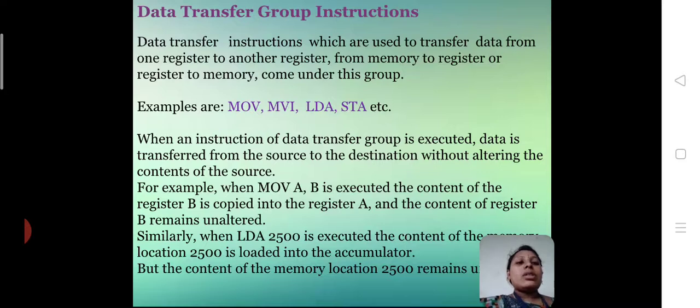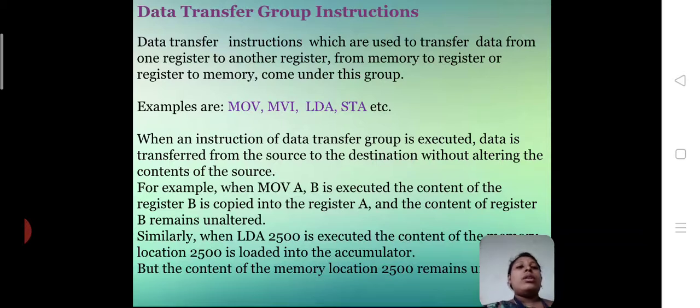When an instruction of the data transfer group is executed, data is transferred from source to destination without altering the contents of the source. We already discussed this in the addressing modes of the 8085 microprocessor. For example, when MOV A, B is executed, the content of register B is copied into register A, but the content of register B remains unaltered.